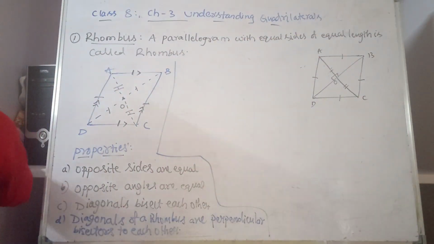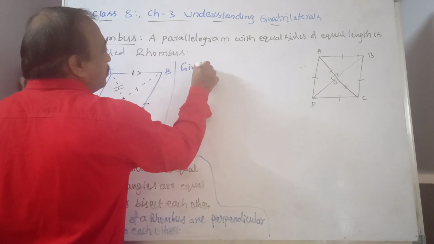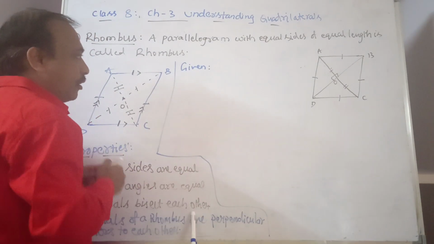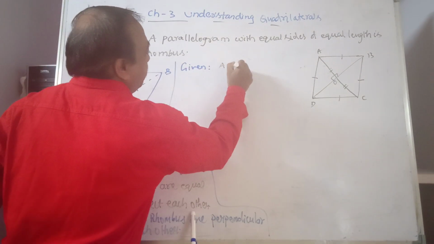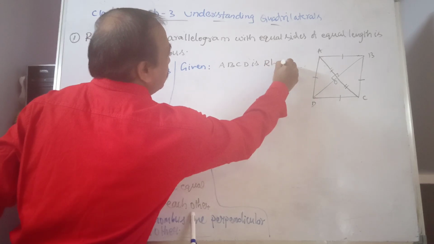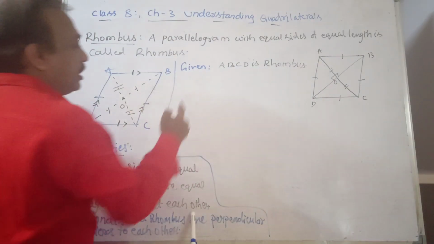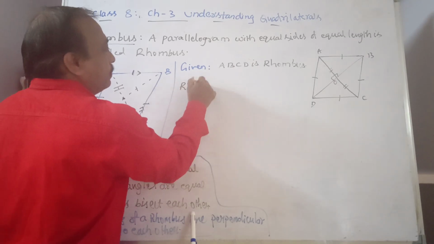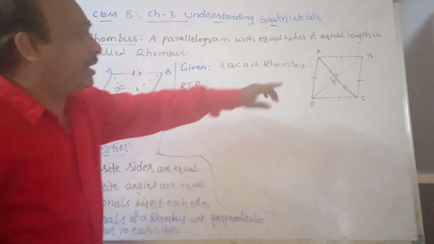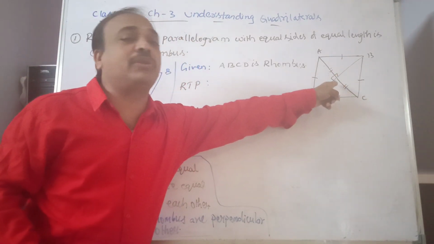So what is given here? Given that ABCD is a rhombus. Now, what do we have to prove? Perpendicular means here also 90 degrees, here also 90 degrees.